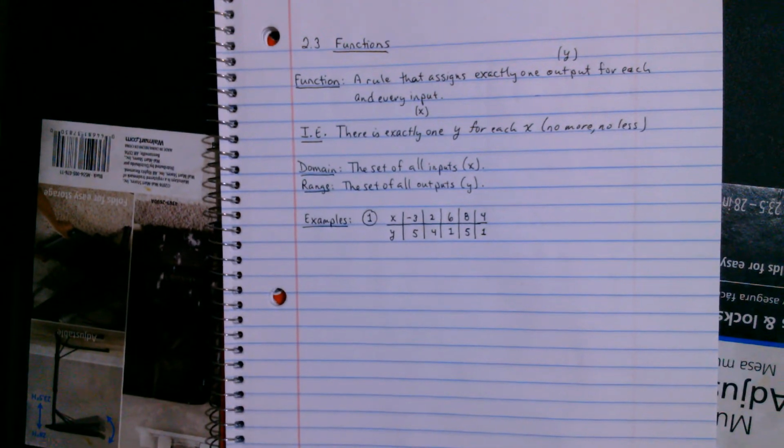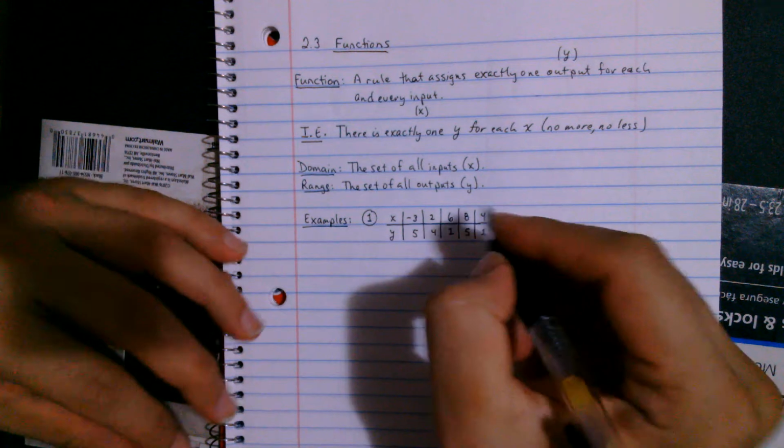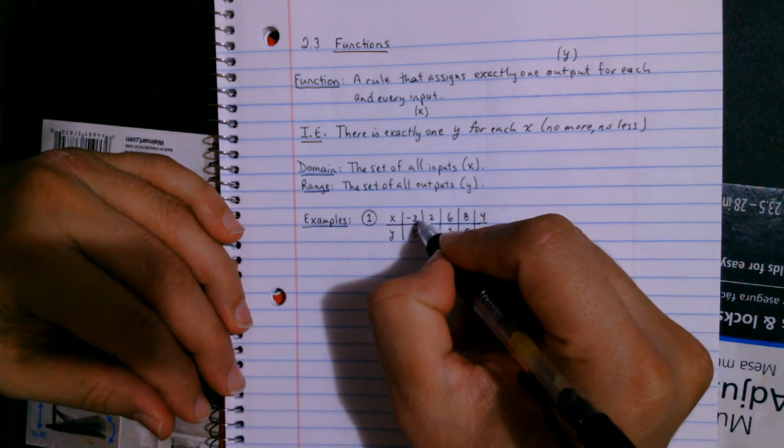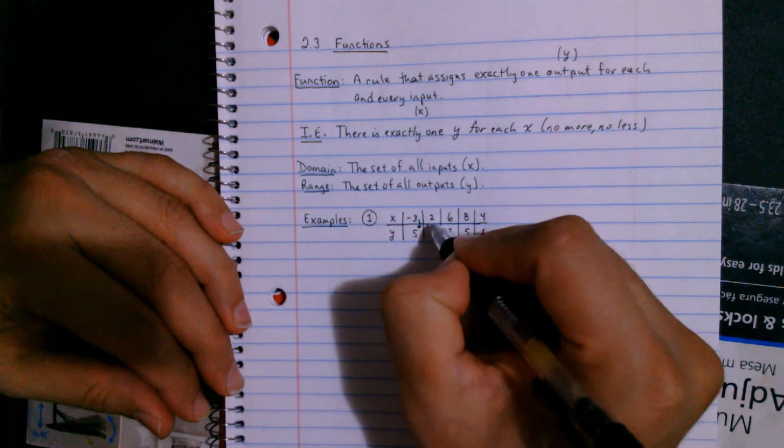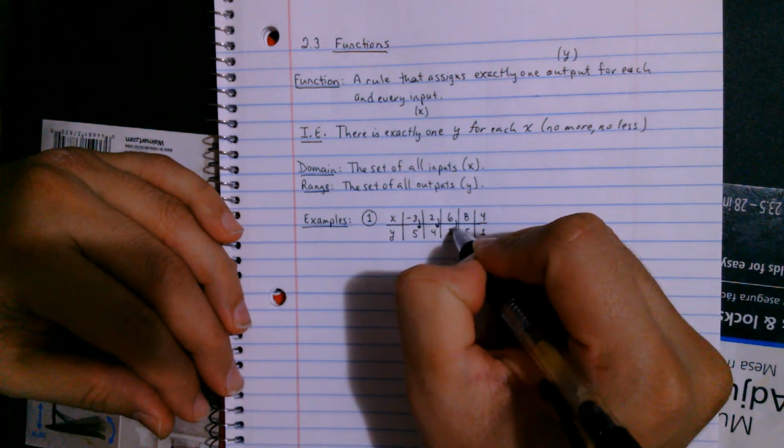The top row would be the set of x's: -3, 2, 6, 8, and 4. And the y's would be 5, 4, 1, 5, and 1. Notice here, every x goes to a y.